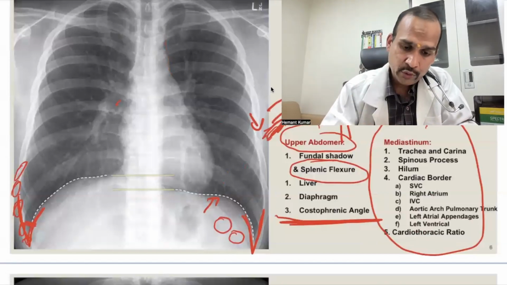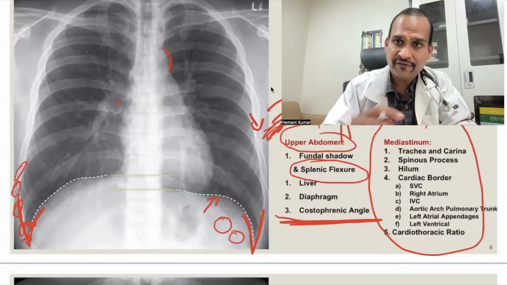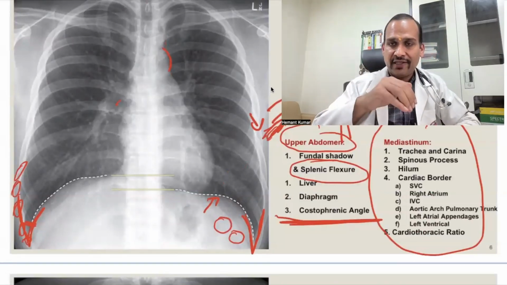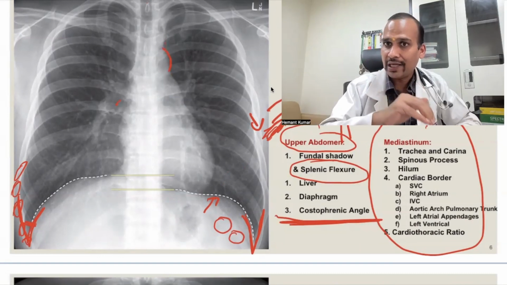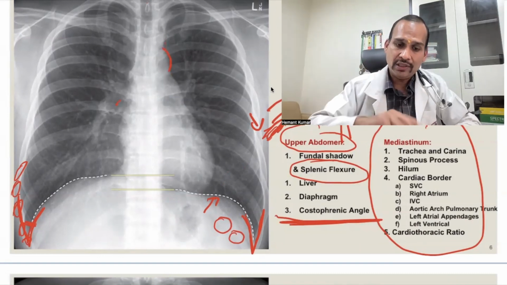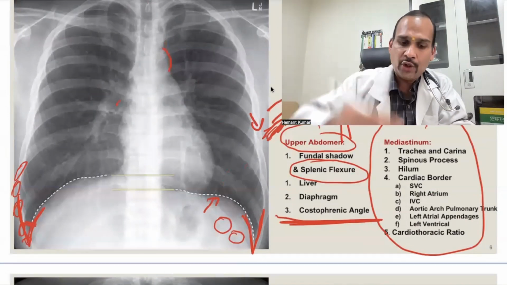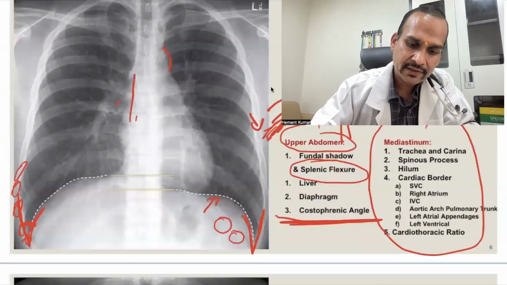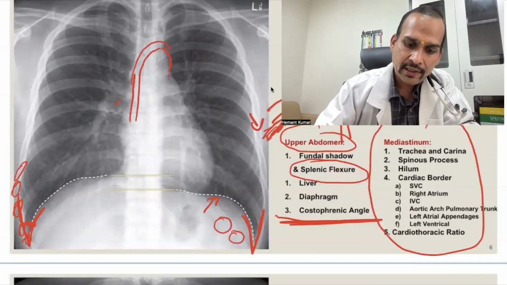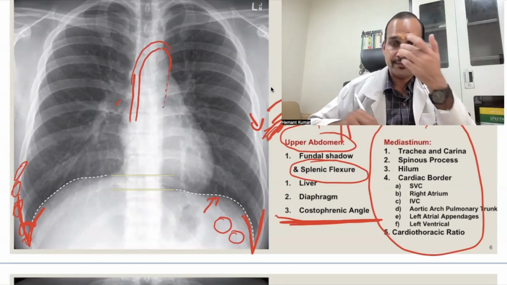First, the first curvature on the left side is the aortic arch. We know that the ascending aorta comes to the left side, makes an arch, and then descends as the descending aorta.